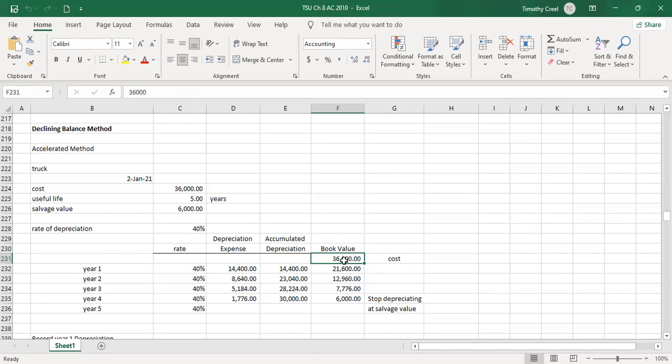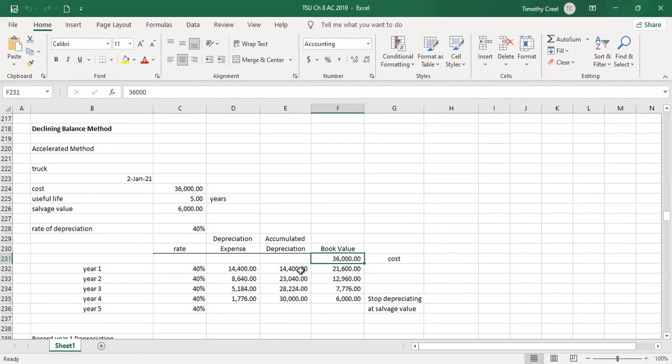This, you start at cost. And then you're going to depreciate it down to salvage value. You have to stop depreciating it at salvage value. So it's a little bit different way of doing it than what you saw with the other methods. So in this case here, we have 36,000.